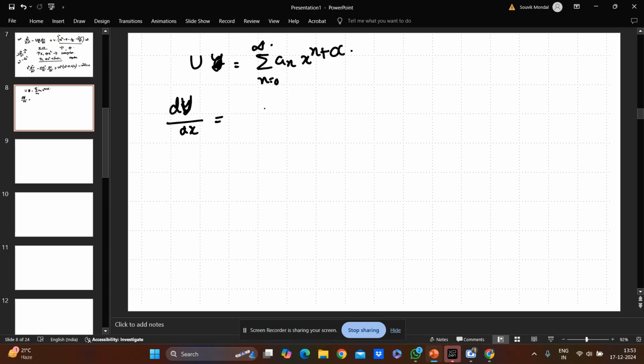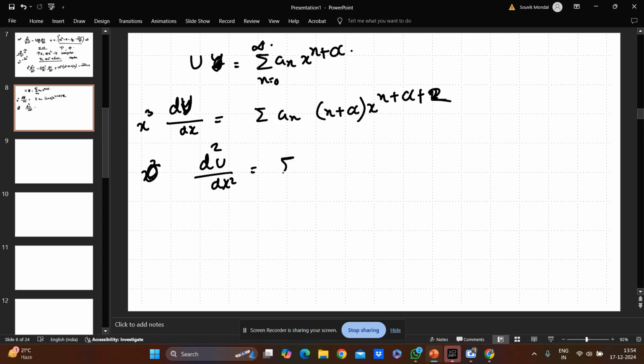So du/dx is simply n plus alpha x to the power n plus alpha minus 1. If you multiply by x cube, then it will be minus 1 plus 3, that is plus 2. Now what will be your d2u/dx2? It will be n plus alpha into n plus alpha minus 1 x to the power n plus alpha minus 2.